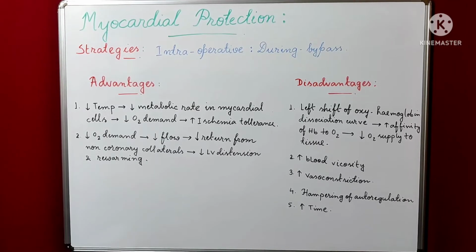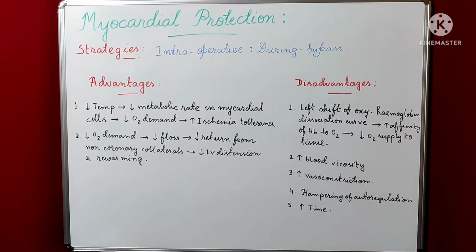And with that reduced return, there will be reduced LV distension, and there will be reduced chance of rewarming of myocardium, because with LV distension and rewarming of myocardium, the rate of metabolism will increase, and then there will be more ischemic injury. So if we are able to reduce the flow, there will be reduced return and reduced chance of LV distension and rewarming of myocardium.